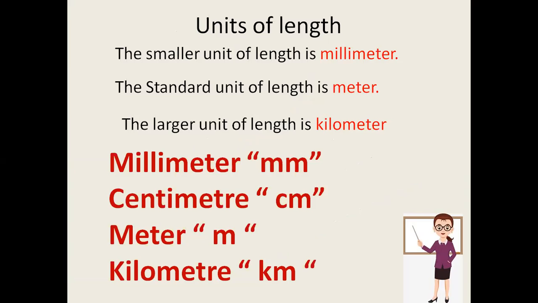First, units of length. The smaller unit of length is millimeter, the standard unit of length is meter, and the larger unit of length is kilometer. We can write millimeter as mm, centimeter as cm, meter by the letter m, and kilometer by km.